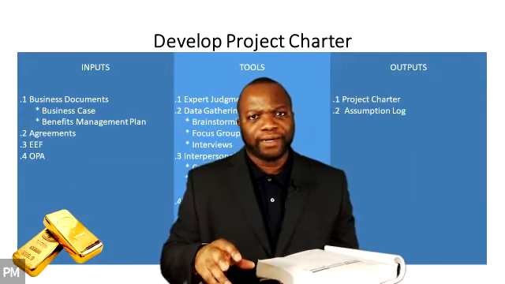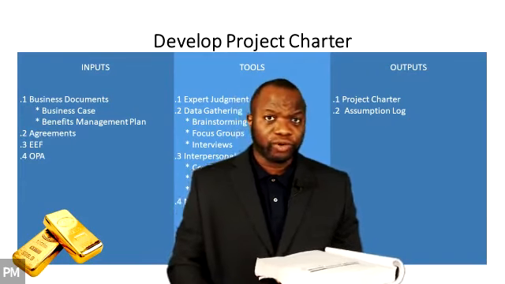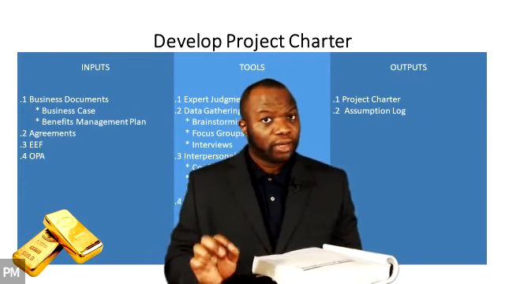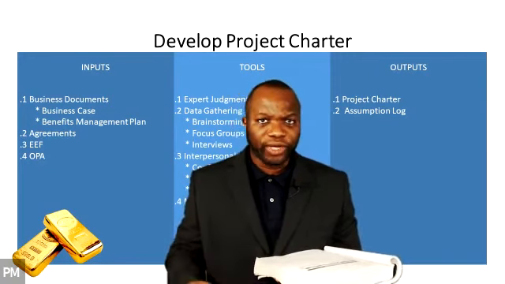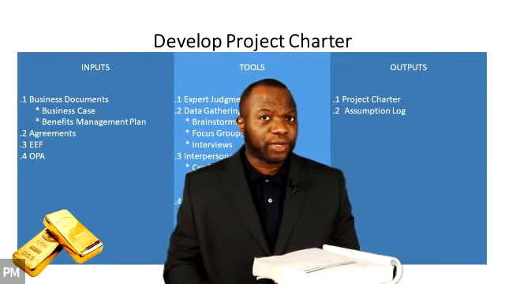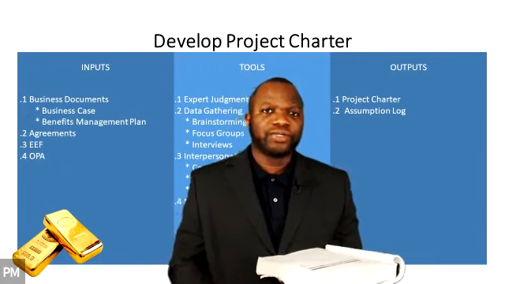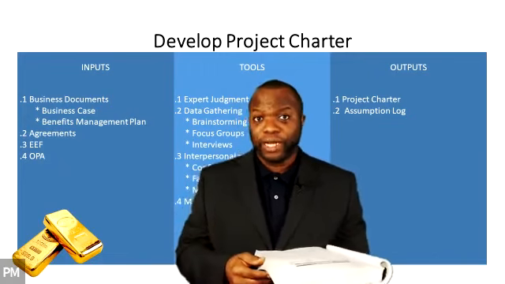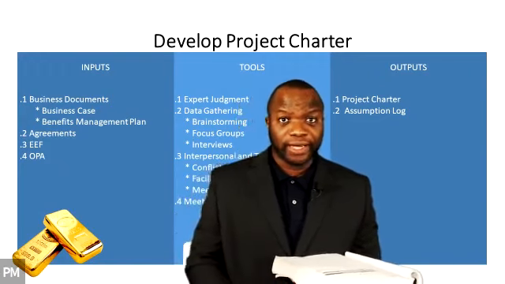It's a plan that talks about the benefits that you'll get from the project. And it tells you when the benefits of the project will be realized. And it also tells you who is responsible for tracking the benefits. And it also tells you how those benefits will be tracked, managed, and realized.